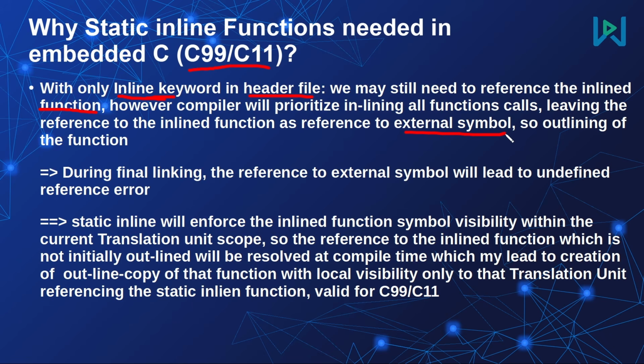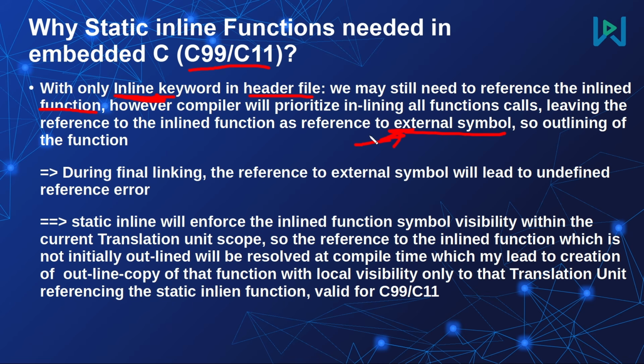So trying to reference this inline function by address will lead to a dependency on an external symbol with the same name as our inline function. So the compiler will try to do certain optimization and avoid making an outlined copy of the inline function within the binary of the translation unit. This will save us some code size. However, it will create an external dependency to an external symbol that has the same name as our inline function.